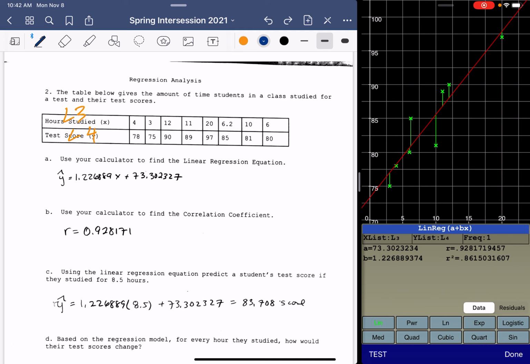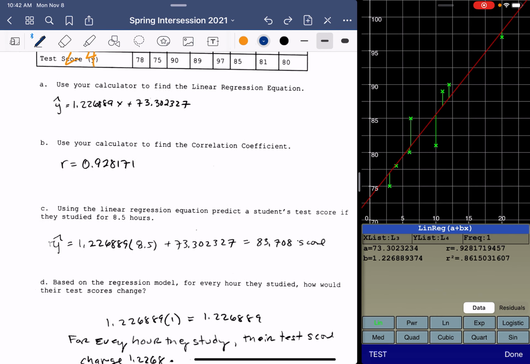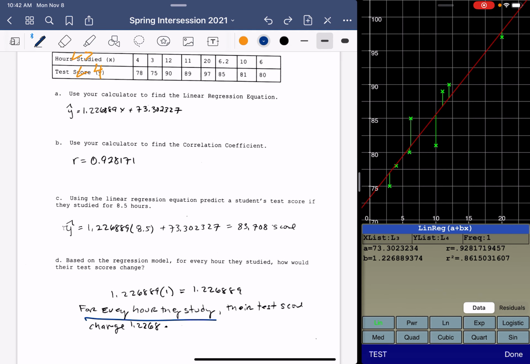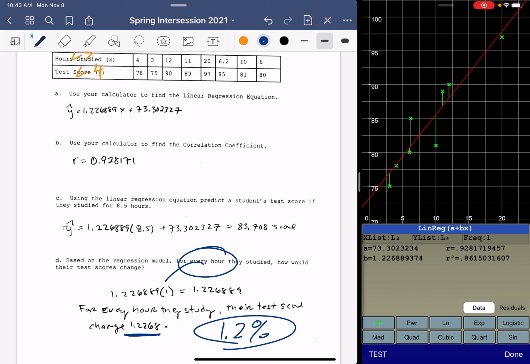And thus you can create these types of statements where, in this case, for every hour that you put in, there seems to be a 1.2% difference in your test scores.